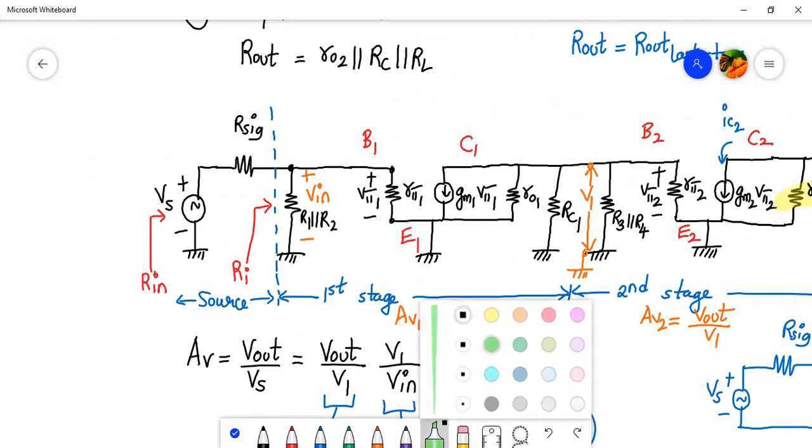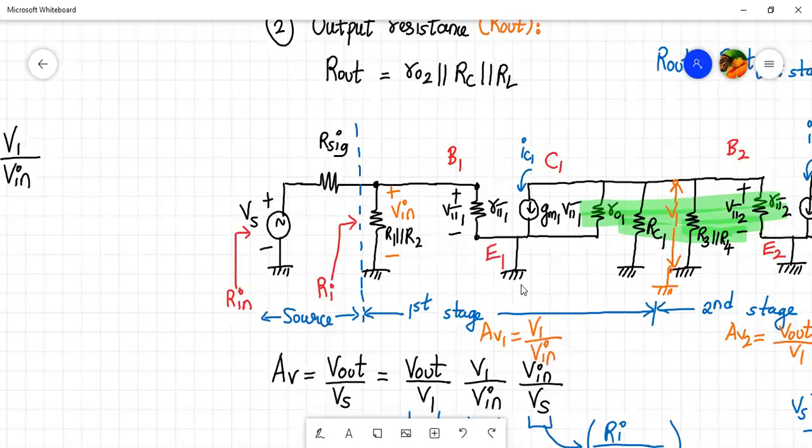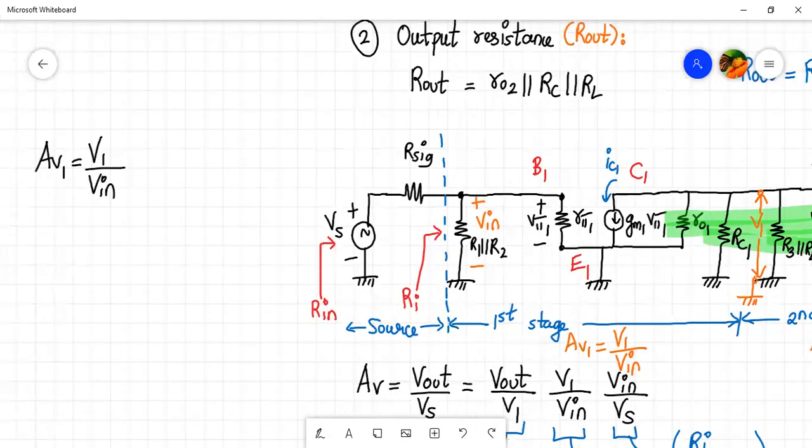These resistances multiplied by the current. And what is the current flowing over here? The current is IC1. Again, it is an outgoing current. So what can we write over here? AV1 is equal to, let me take it this side a little.